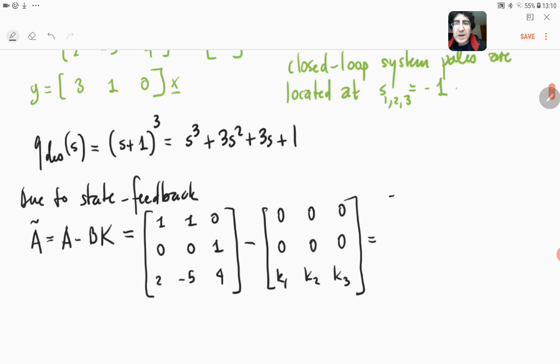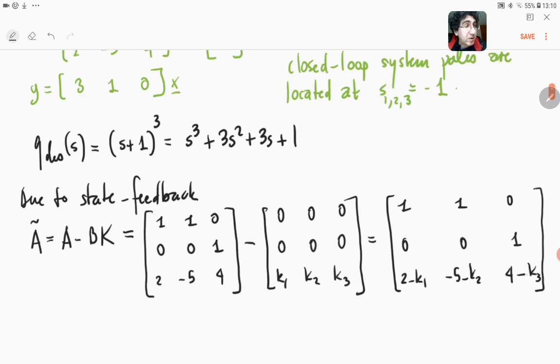So this matrix will become simply 1 1 0, 0 0 1, and over here we will have simply 2 minus k1, minus 5 minus k2, and 4 minus k3. So that's our matrix.